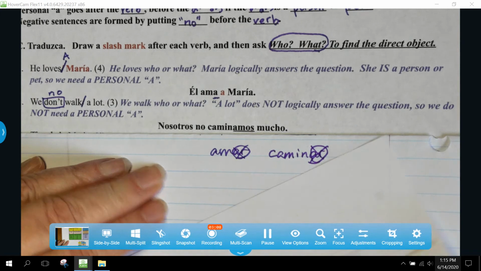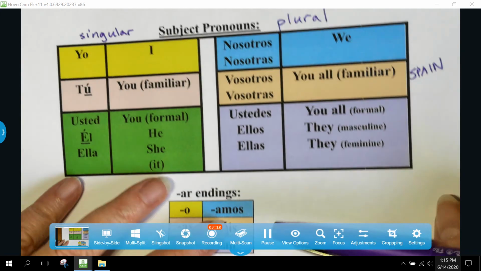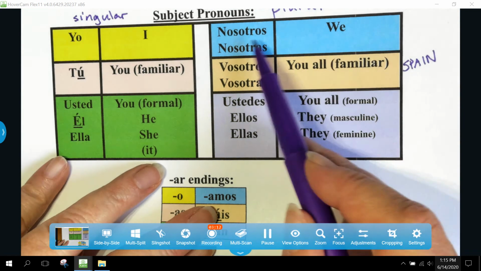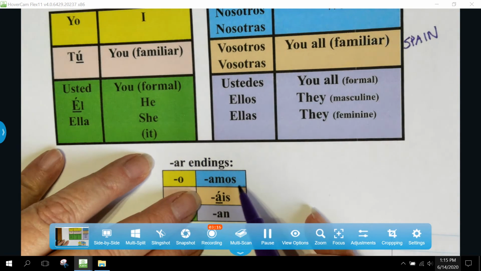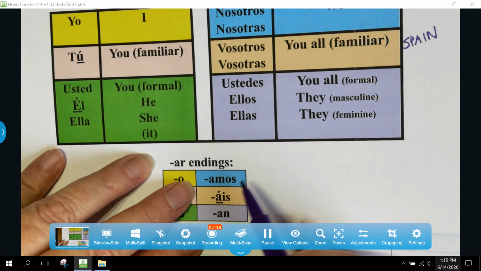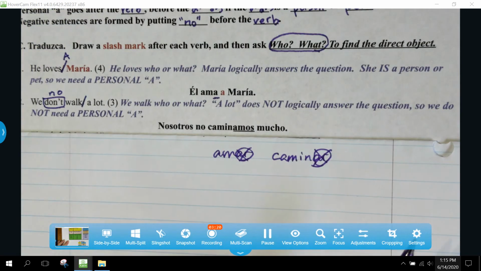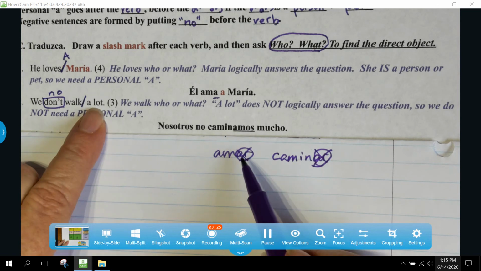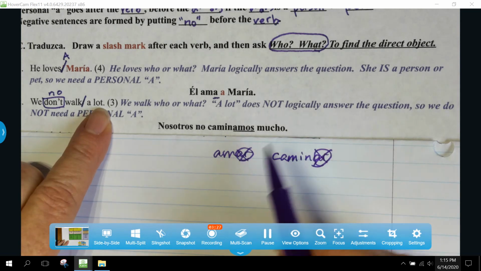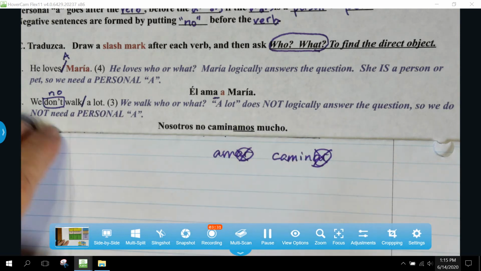Nosotros, if we look back at our charts, was on the blue. We, nosotros, blue. Look down at our verb endings. The blue verb ending is amos, A-M-O-S. So we have nosotros no caminamos. Then we have the word a lot or much. You look back on your vocab sheet, and that is simply mucho.